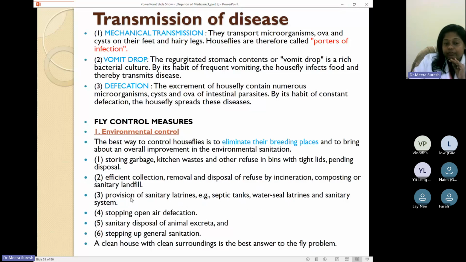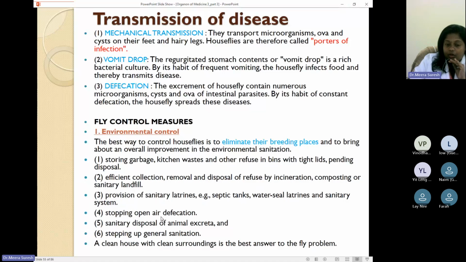But the thing is, we have to provide sanitary latrines, which means there shouldn't be any open air defecation. The feces, the human excreta, shouldn't be present in the open environment. People should be using sanitary latrines so that the feces are properly disposed of and not exposed.